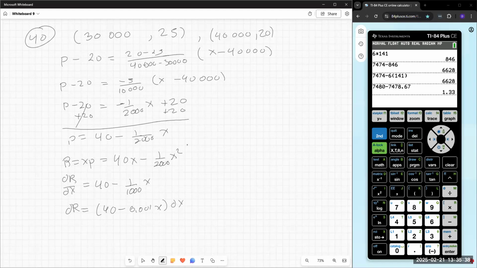And delta R is approximately 40 minus 0.001 X delta X, meaning that delta R is approximately 40 minus 0.001 times, and then my X that was given to me in this problem was 28,000 units.